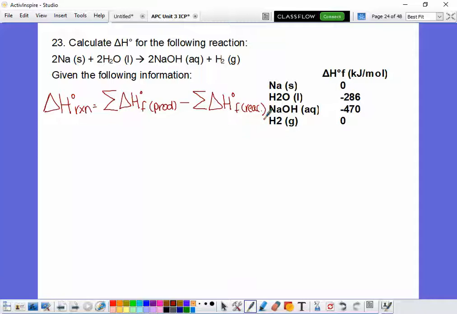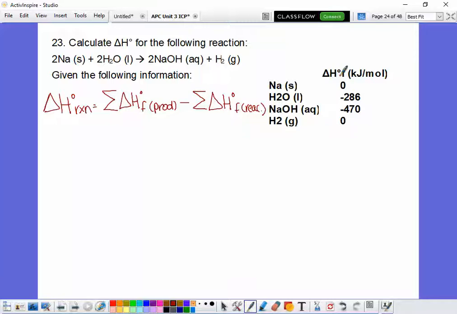Remember that little degree sign means the standard state, which is what temperature? 25 degrees Celsius and 1 atmosphere. That's room temperature. So the elements that are in their standard state of matter at room temperature will always have a delta HF of 0. Okay? You need to know that.